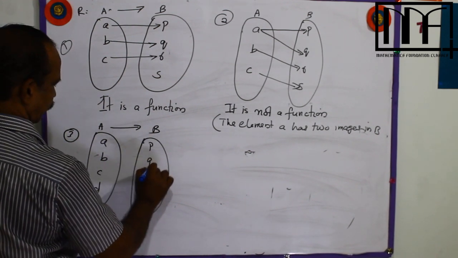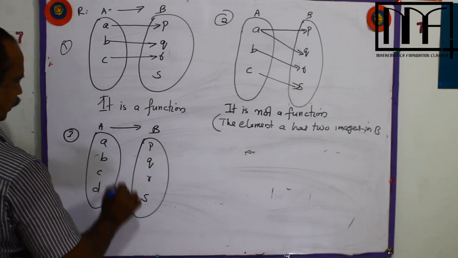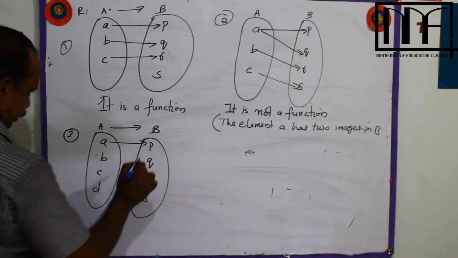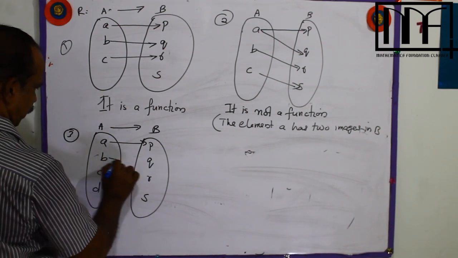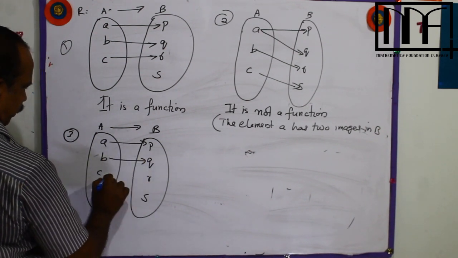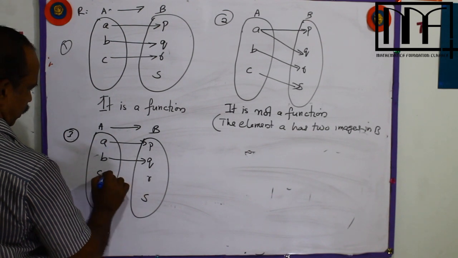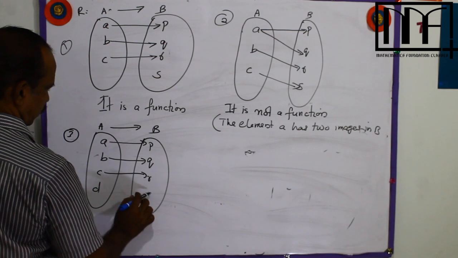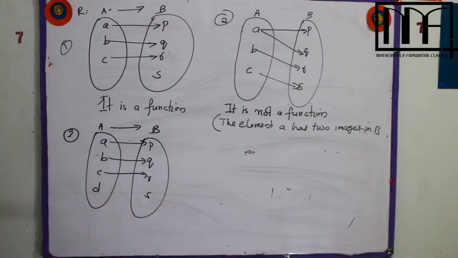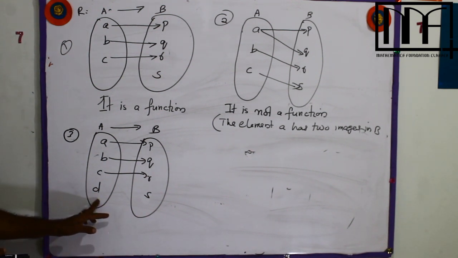B has P, Q, R, S. C has an image, but the element D does not have an image, so D is not used here.